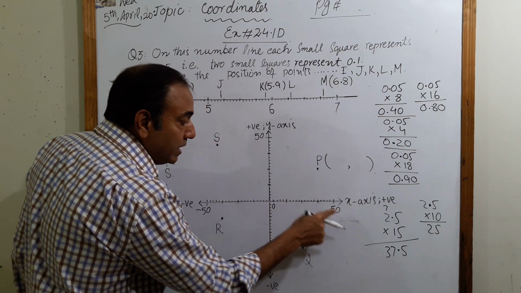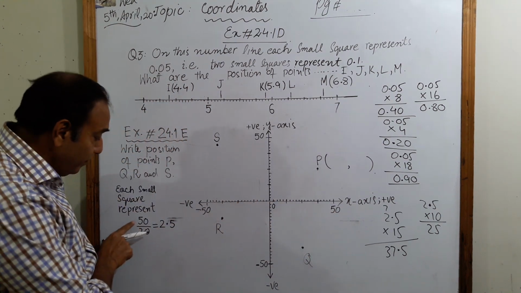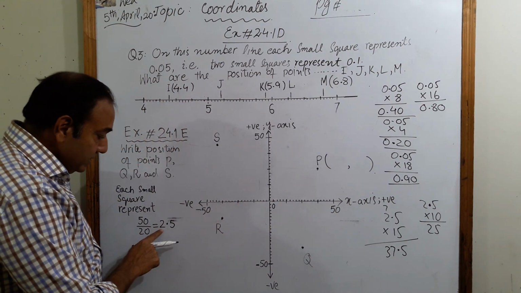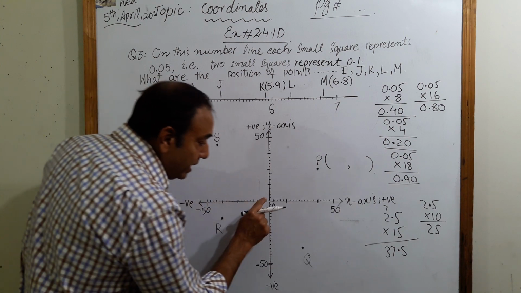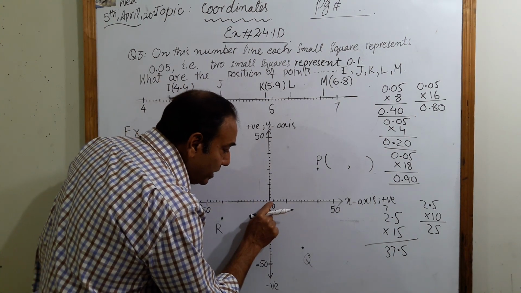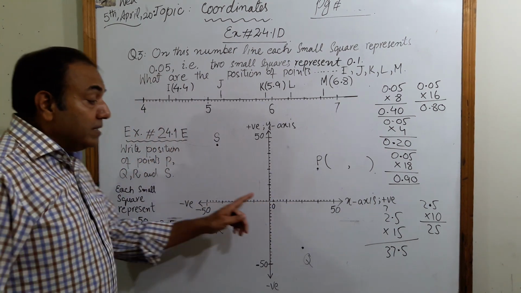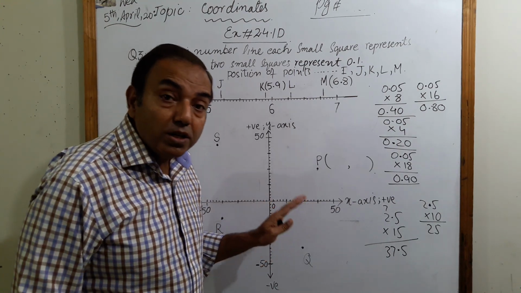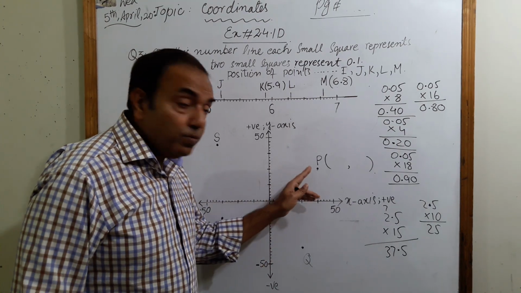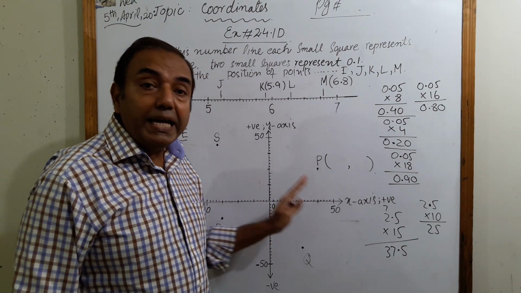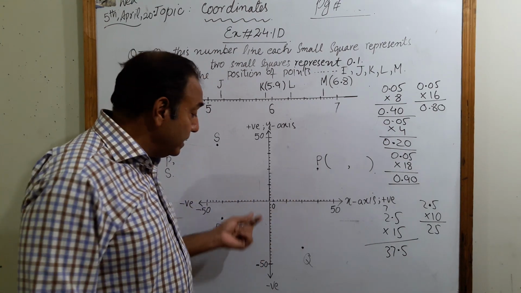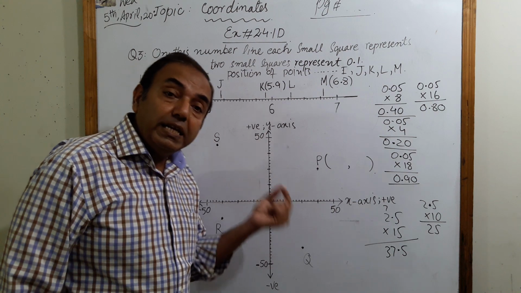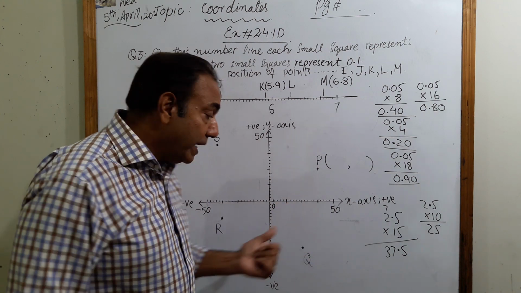They are 20. Now you have to divide 50 by 20. The answer becomes 2.5. So here each small square represents 2.5. You have to calculate this value 2.5, otherwise you are not able to find the coordinates of any point. So you have to calculate the value of a small square in each and every question, right?